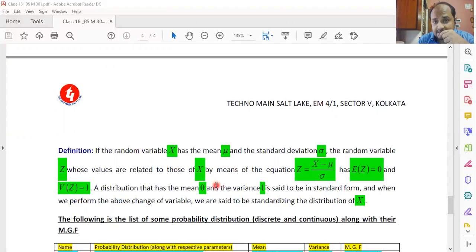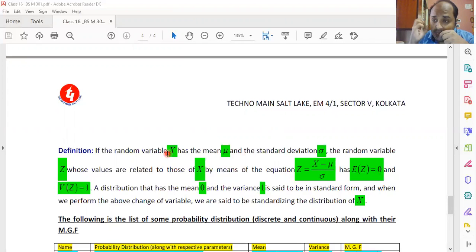The definition says that if you have any random variable capital X, it may be discrete or continuous, and if you give a shift like this to it, and you can show that the mean of the new variable is 0 and the variance of the new variable is 1, then we say that the standard form of that random variable X has been obtained.